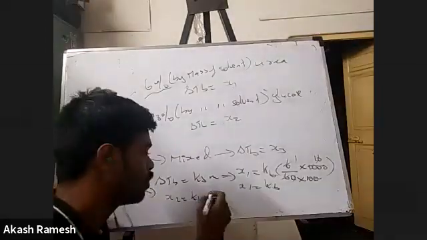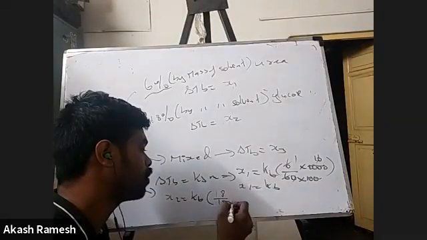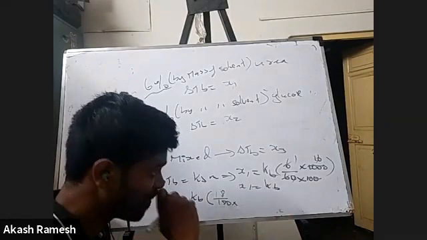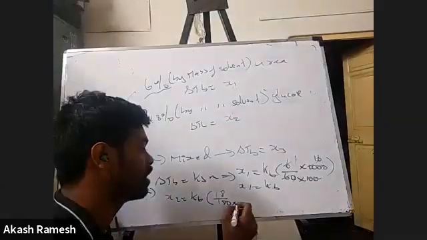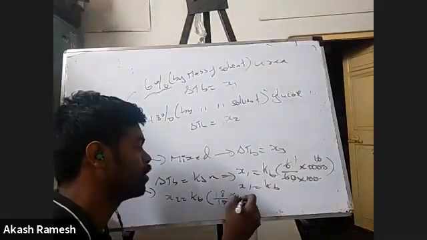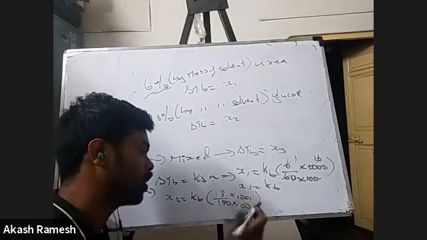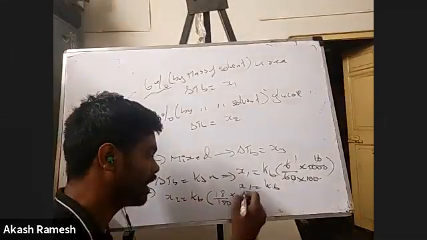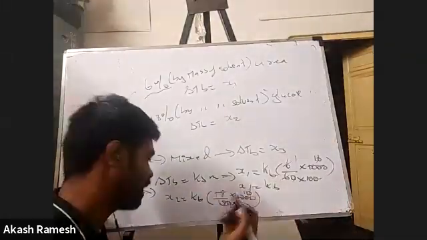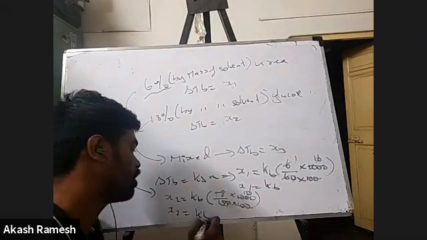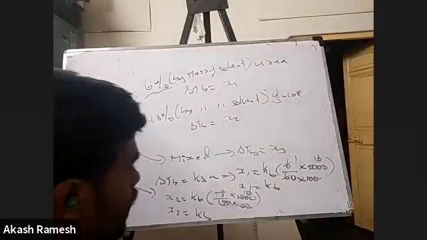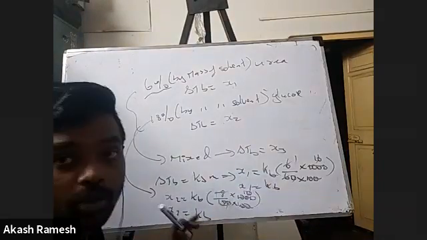So 18 divided by 180 into 100, the mass of solvent, into 1000. Again, everything will get cancelled. This will go 10 times, and this and this will go in 18. So x2 is also equal to Kb. So until now, x1 is equal to x2 is what we got.